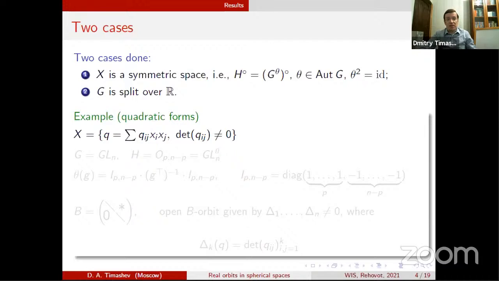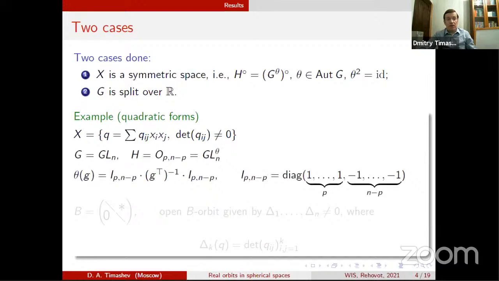So in this case, X is a variety of non-degenerate quadratic forms in n variables. And it is acted on by GL_n with its natural split structure. And if you choose for the base point one of the canonical normal forms of a quadratic form over real numbers, which you have seen on the first slide, then the stabilizer will be a pseudo-orthogonal group.